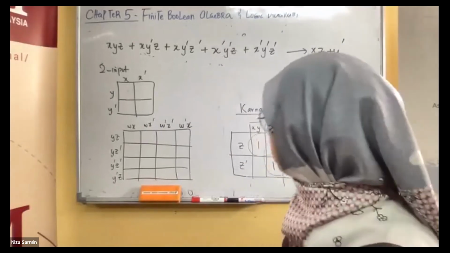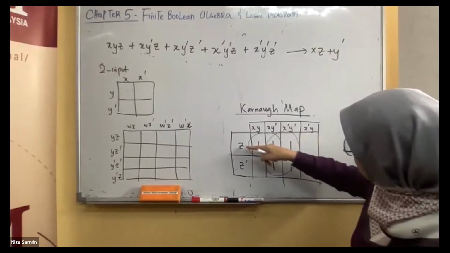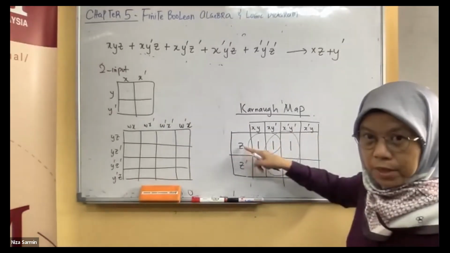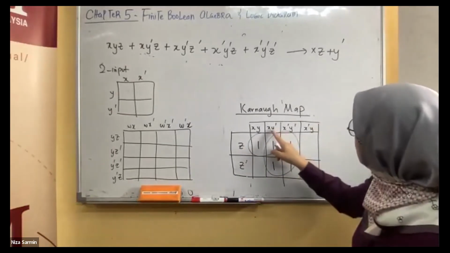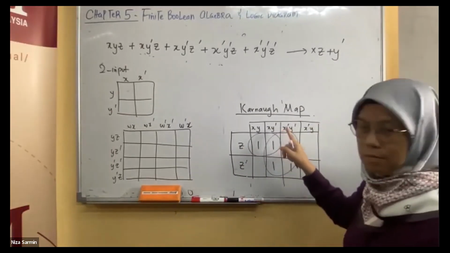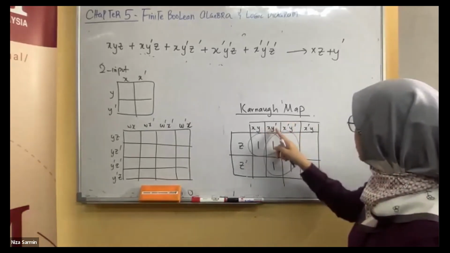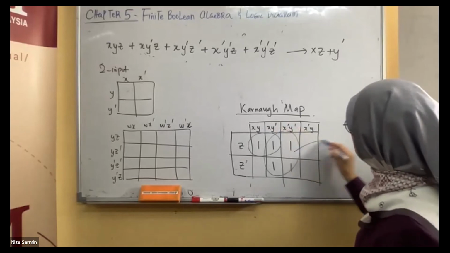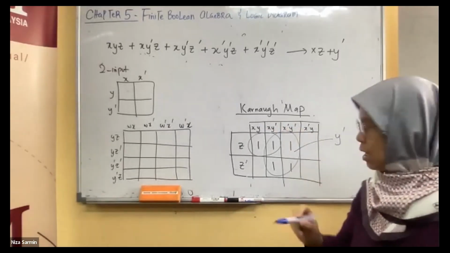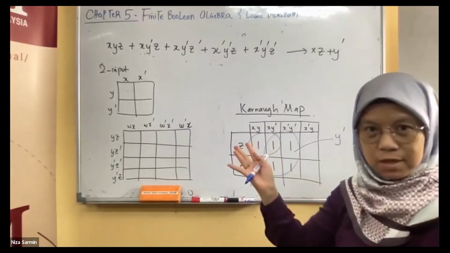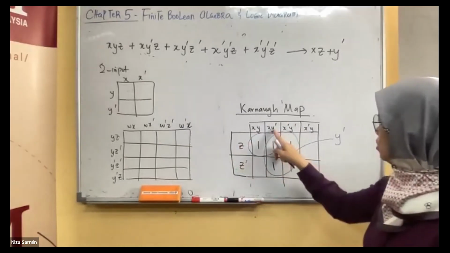Okay, and from this, how do we read this? Okay, this circle here, it covers z prime. So it's 1, right? This circle here, it covers x prime. Okay, the only thing that it does not cover is the y, it's y prime, right? So this one is actually just y prime. Because that circle covers z prime, x prime, but only y prime.